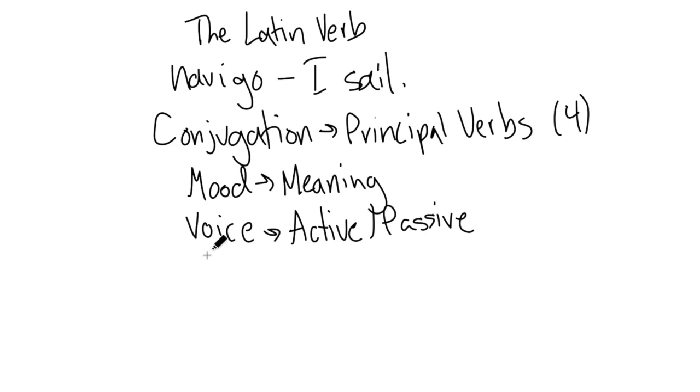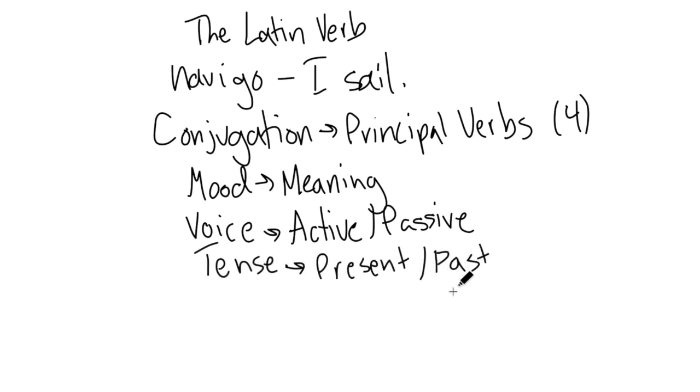The next subdivision would be the tense, and this basically determines whether it's in present time or past time. But there are six tenses, and we will be learning the specifics of each tense in a later video. Then you have the person, and this determines whether it is first, second, or third: I, you, he, she, it.